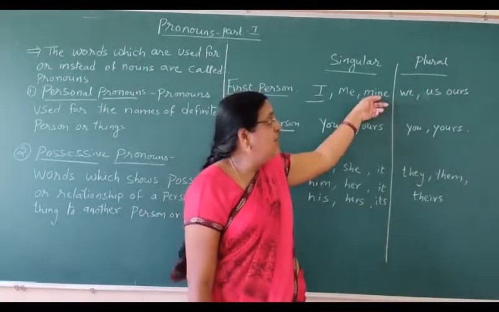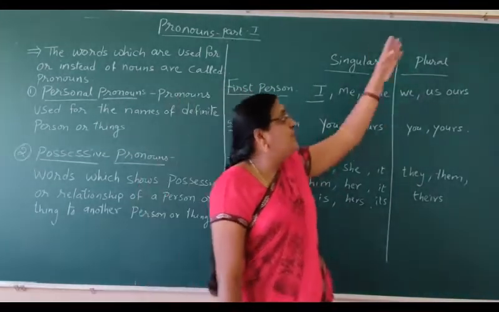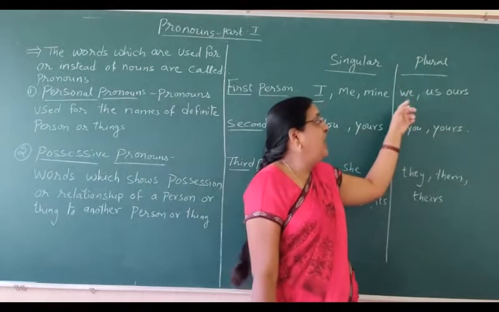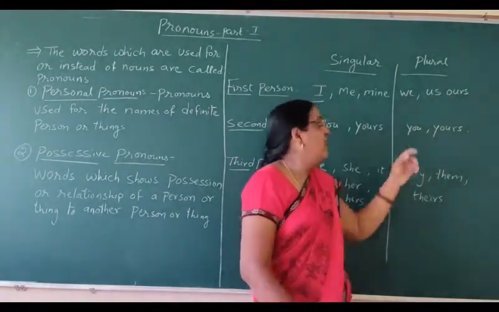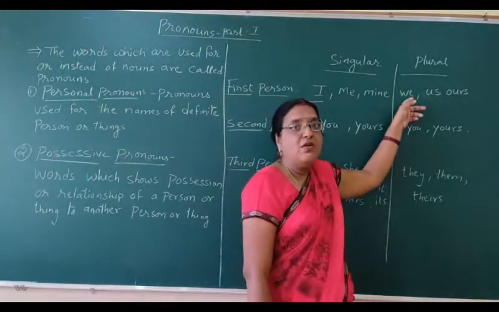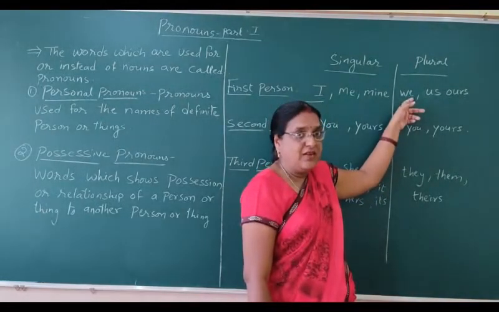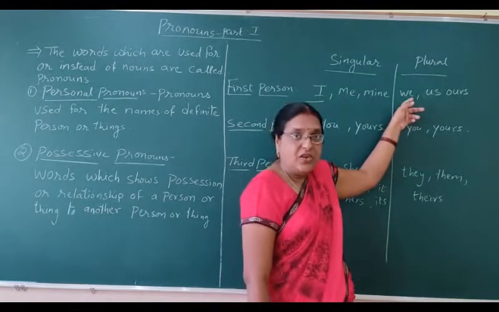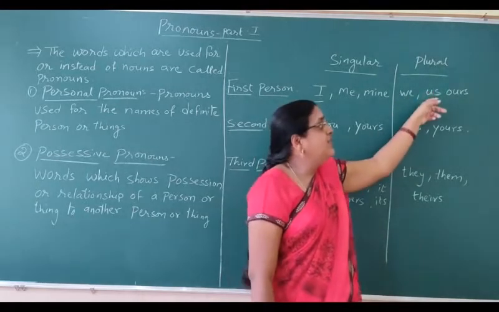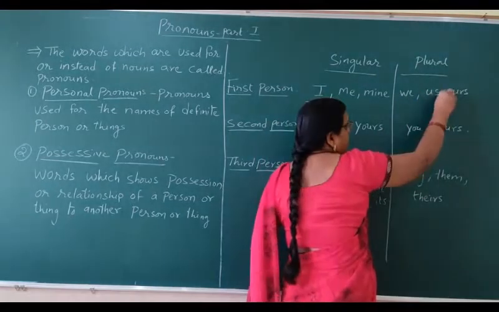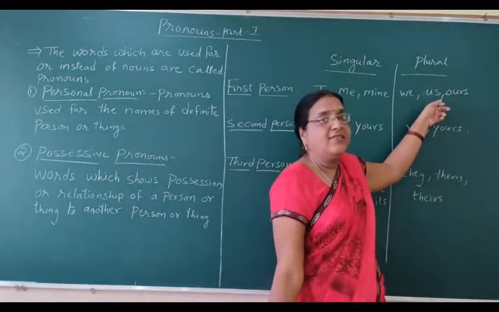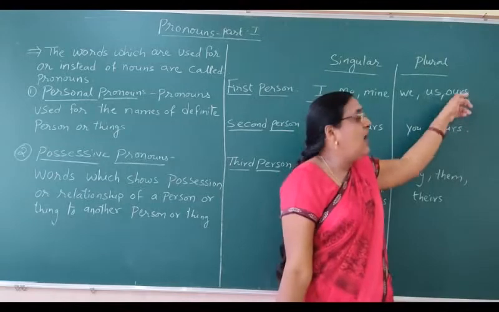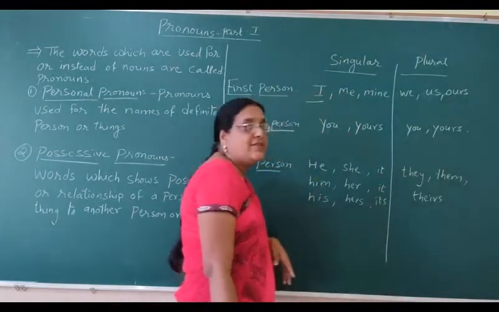Is it clear? If we talk about the first person plural, we means we together. We is the plural form of the first person. We is the subjective case, us is the objective case, and ours is the possessive case.